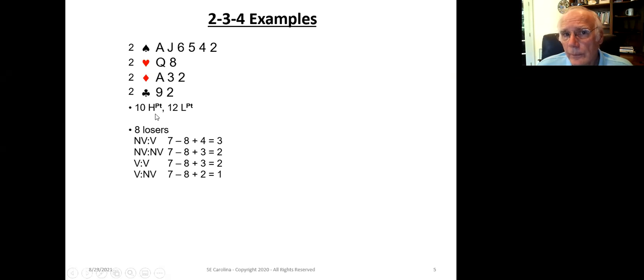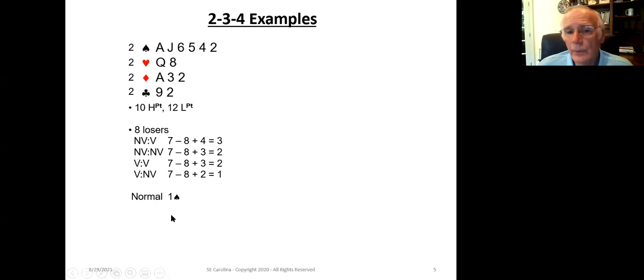And if we're vulnerable with this hand, we would not want to bid 2 spades on our own without some positive reinforcement from our partner. That way we can see how vulnerability affects the safe level that we can bid to.